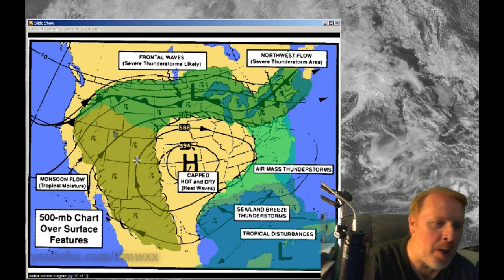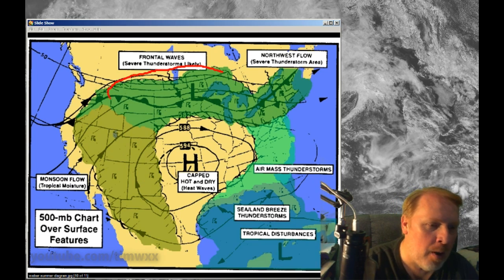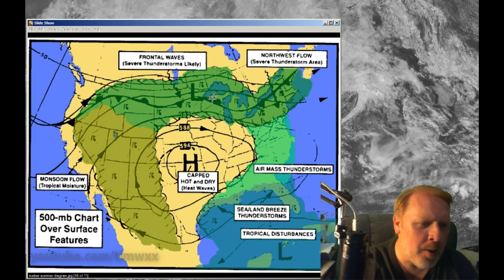Now, up in the northern U.S., we tend to get this progression of frontal systems. This is not saying that we're going to have a frontal system in Montana and the Dakotas with a low pressure area in Minnesota, but it means we're likely to have something like that going on. We may actually have the frontal system out here with a low pressure area out in New York.